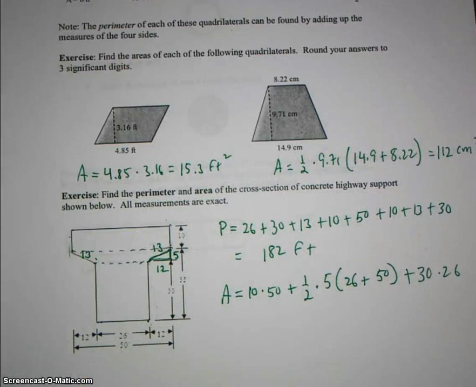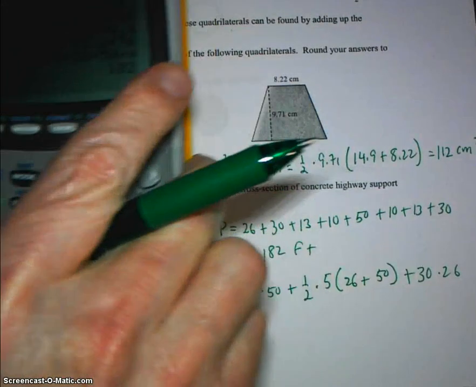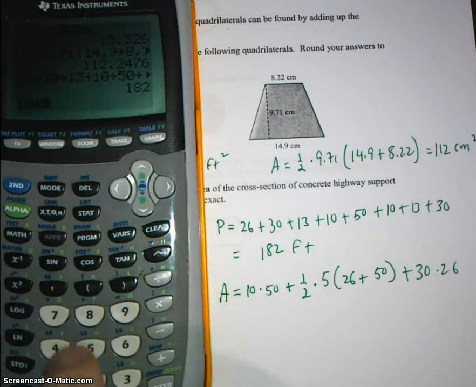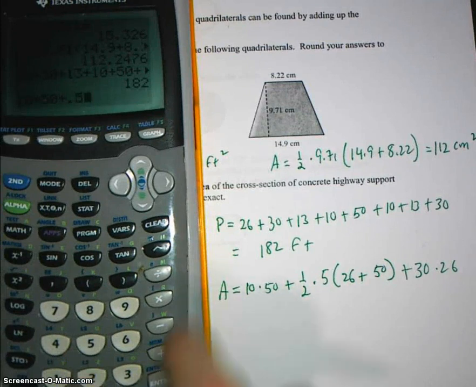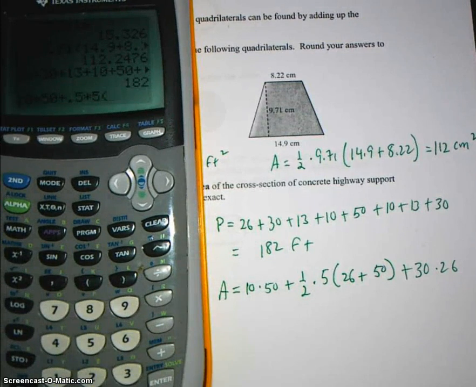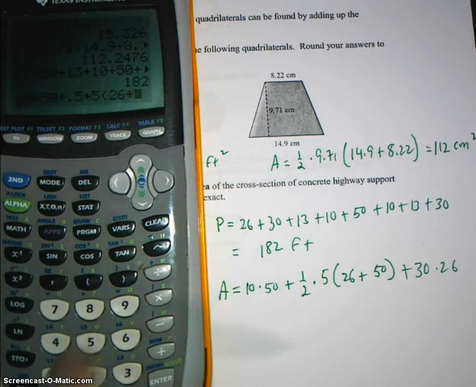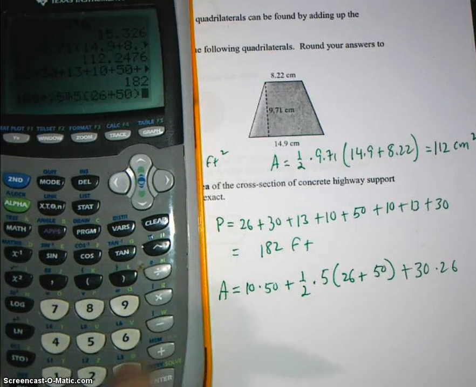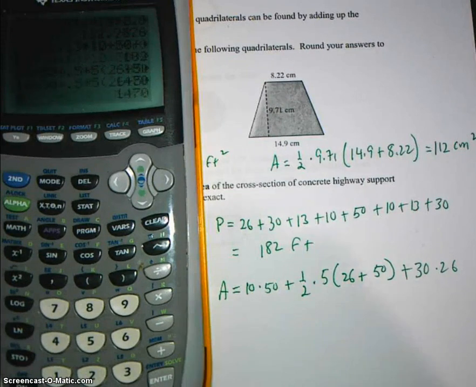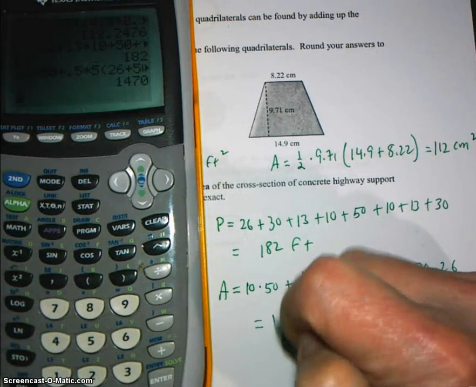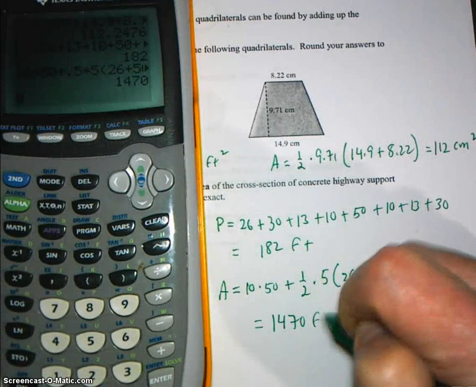I wrote it backward. I wrote 30 by 26. I don't know why. I just did. All right. 10 times 50 plus 1/2 times 5 times 26 plus 50 plus 30 times 26 is 1470 square feet.